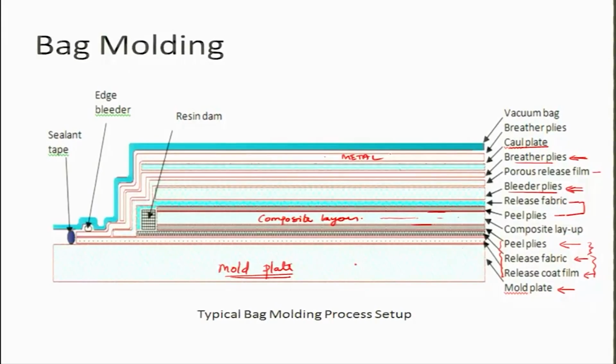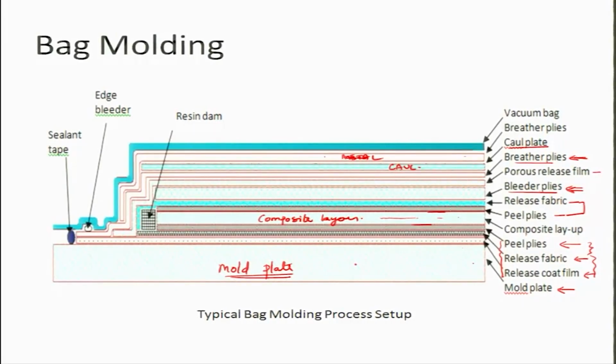Then you put some more breather plies, and the entire thing is captured in a vacuum bag.